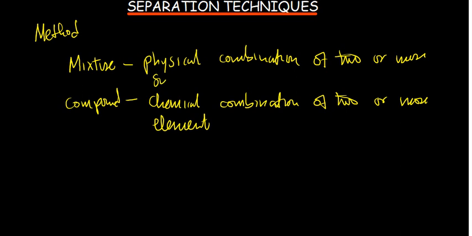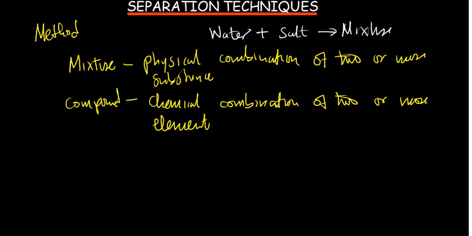So what are we able to say that makes these two different? A mixture is a physical combination. For example, I get water and then I get salt. What I'm going to form is a mixture. Now, when I'm talking about a compound, this is a chemical combination. So you have got a chemical reaction happening.